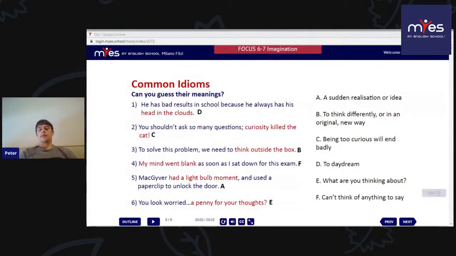Curiosity killed the cat is a sentence we use in English to warn someone. Curiosity killed the cat. Do not be too curious. Think outside the box. You need to think in an original way, in a new way to solve the problem.